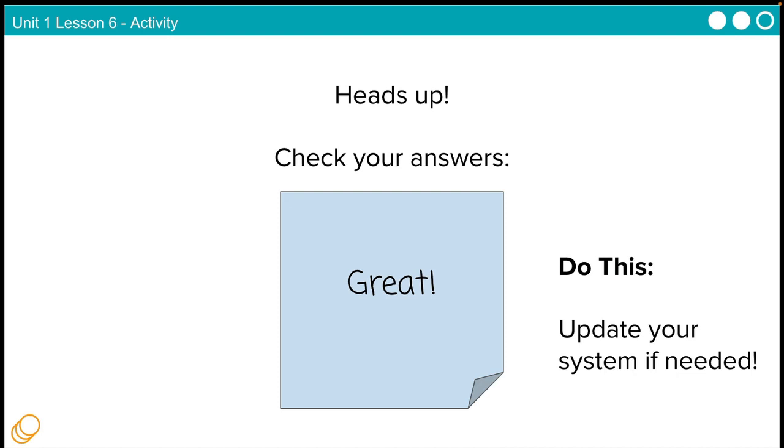Okay, a couple of questions here. How did you represent the capital G? And how did you represent the exclamation point? Okay, so if you need to update your system, go ahead and update your system. If you need to write out all the letters and their corresponding numbers, you can do that. Okay, so once you've updated your system, you pause the video here, do any kind of updates, and when you're ready, move on to the next section.